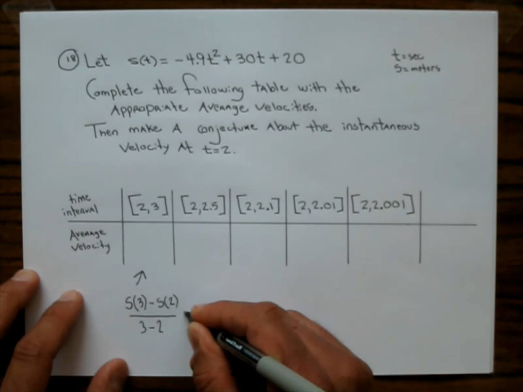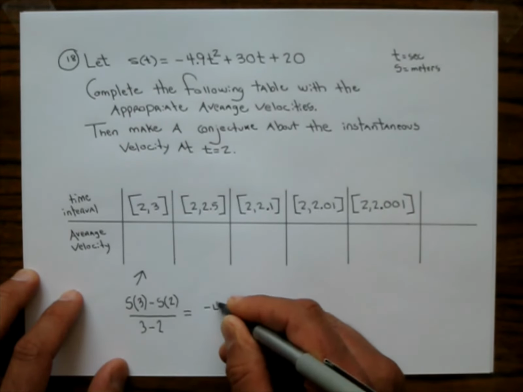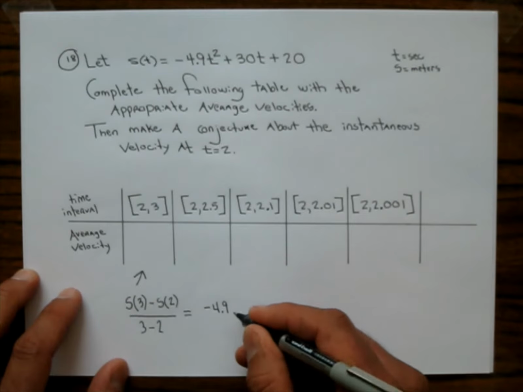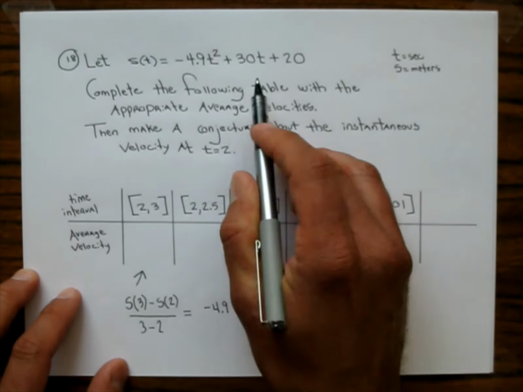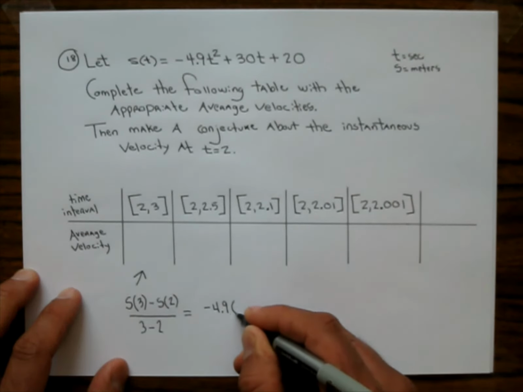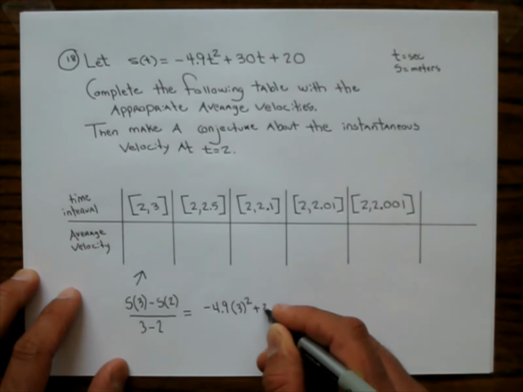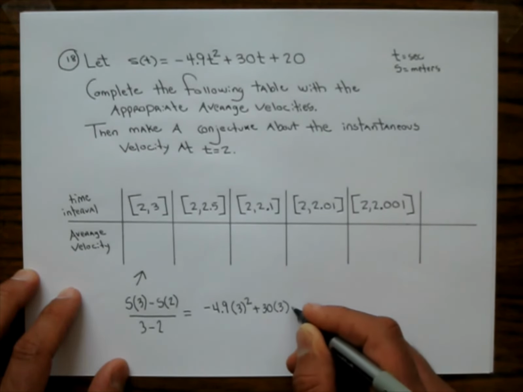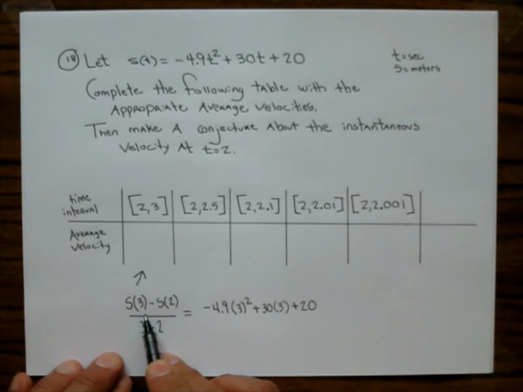So this is going to get a little complicated because I'm going to go negative 4.9, and I'm plugging 3 into this function, so 3 squared, plus 30 times 3 plus 20. Okay, so that's s of 3.